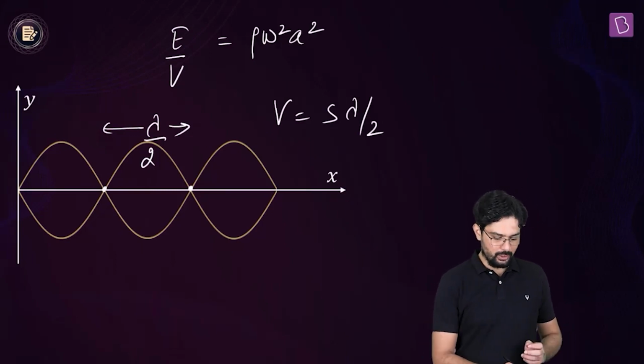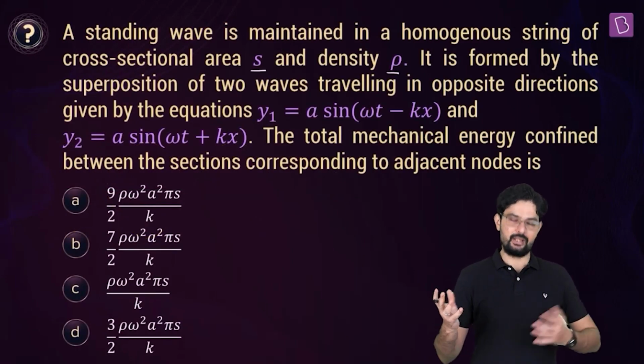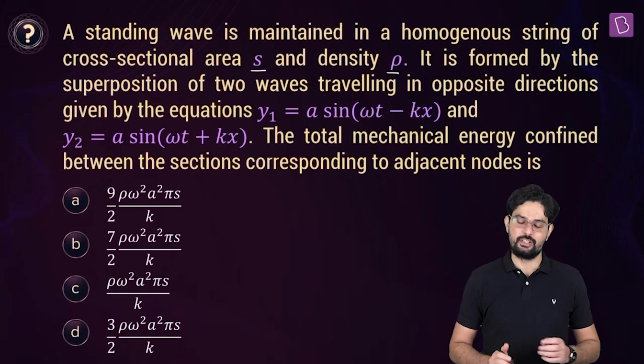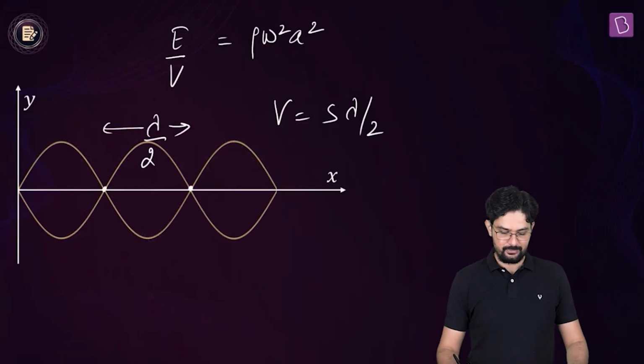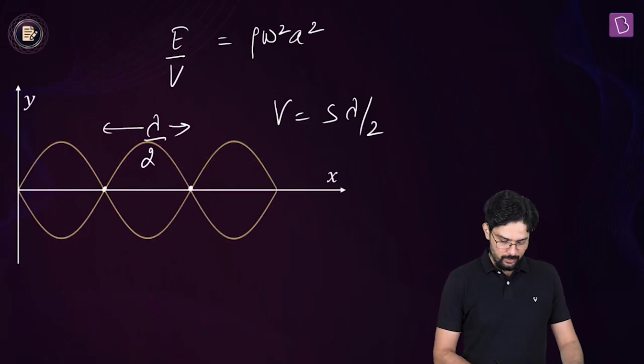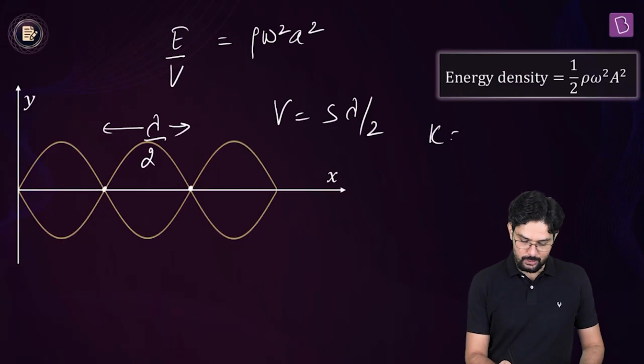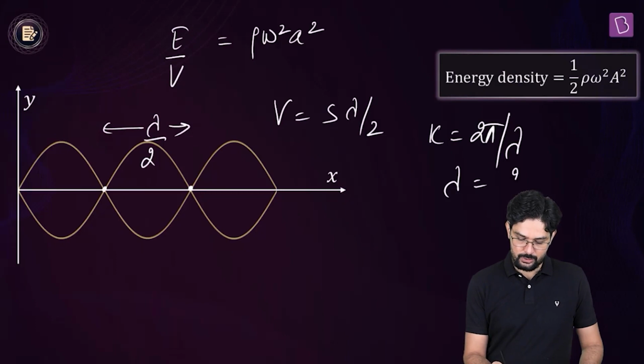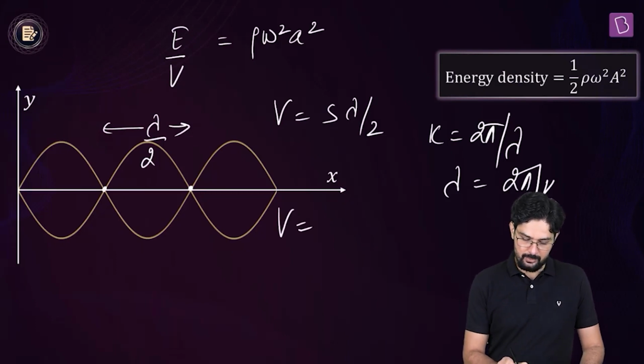But in the options, you cannot see lambda, right? But you see k. So we can express lambda in terms of k. So we know that k is 2π by lambda. So lambda becomes 2π by k, and this volume becomes S into π by k.